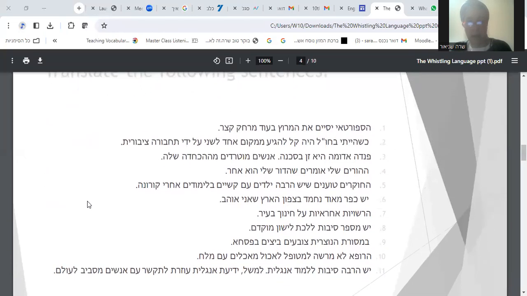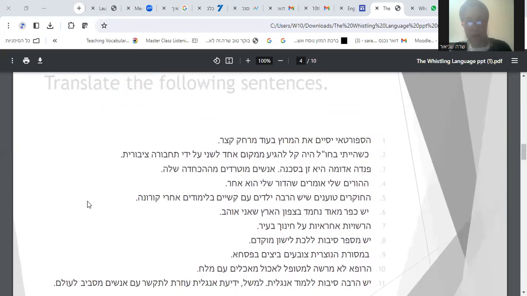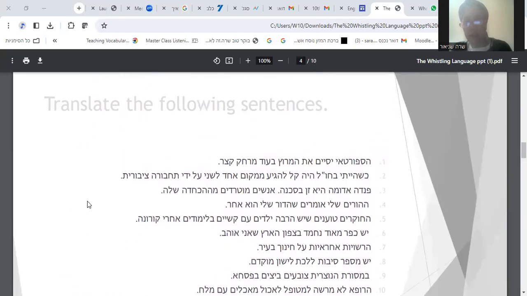Okay. What do we have here? Translate the following sentences. So here we have to take these sentences and turn them into Hebrew, into English.